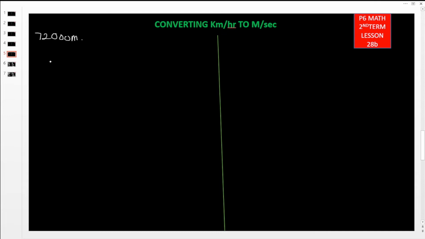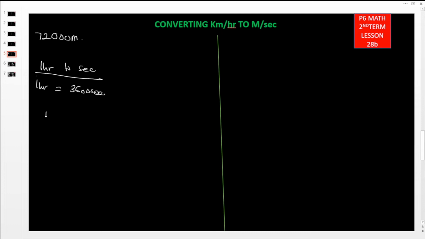72,000 meters. The next step is to convert 1 hour to seconds, because they are saying kilometers per hour, that is for every 1 hour. So 1 hour is equal to 3,600 seconds.